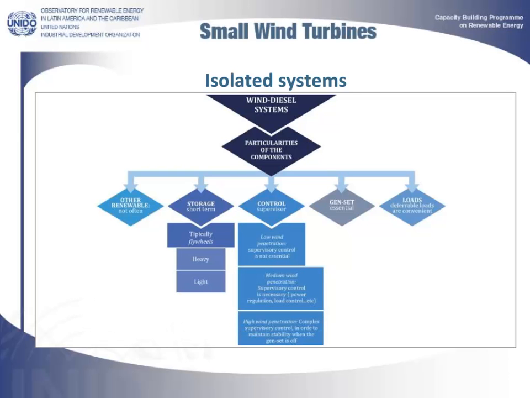Looking at storage, this can be short-term, such as with flywheels. With respect to control, the types of supervision have different complexities depending on the level of wind penetration. Regarding generators, these of course are essential since they are part of the actual functioning of the system. With respect to consumption, this should include deferrable loads to make the system more efficient.